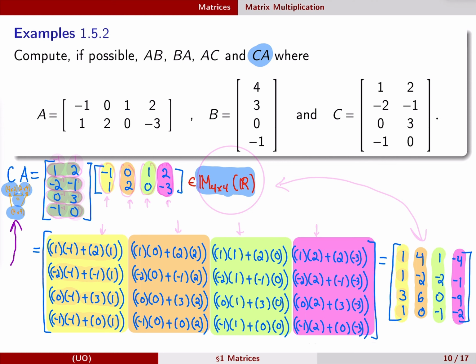I'm just going to trace over just to really see it. So I like to circle my rows of the left matrix and the columns of the right matrix. And you can see here that all the rows or the columns that I'm circling all contain two numbers. Another indication that my product is defined.